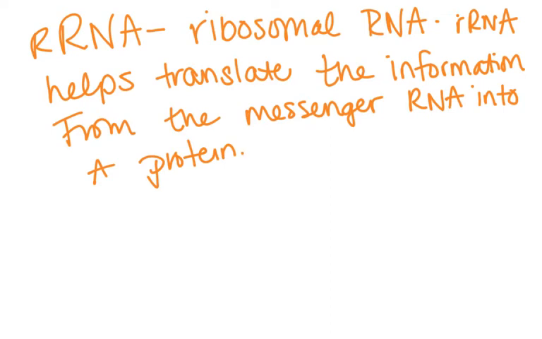We're going to talk about the 3 different types of RNA later when we get to protein synthesis, but I just wanted to introduce those so you knew about the 3 different types of RNA.